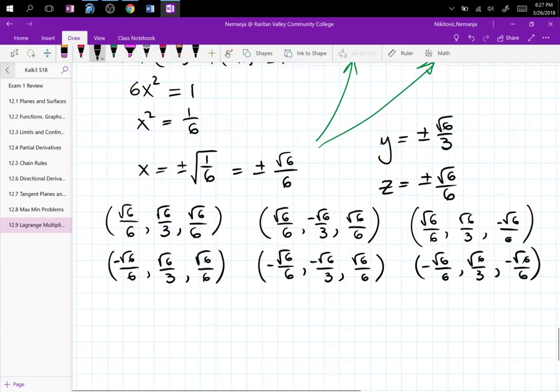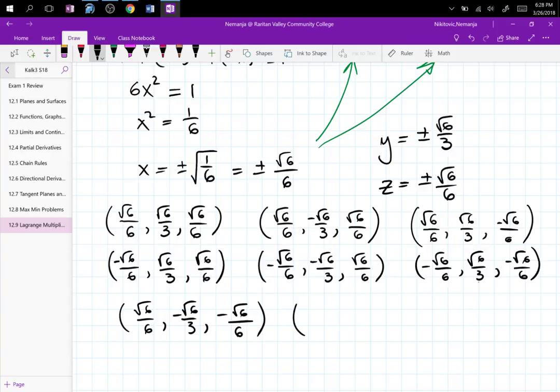There we go. And now to have these guys negative here, so keep root 6 over 6 and then put both of these negative. And the one that will also change the x. So this is the one where it's all negatives. Whatever pattern you come up with. Yay, there they are.